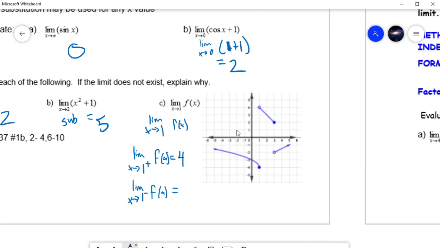So, remember how you write this, the limit as x approaches 1 from the left of f of x is equal to negative 4. Then I'm going to say the left-hand limit is not equal to the right-hand limit, and therefore the limit as x approaches 1 of f of x does not exist.